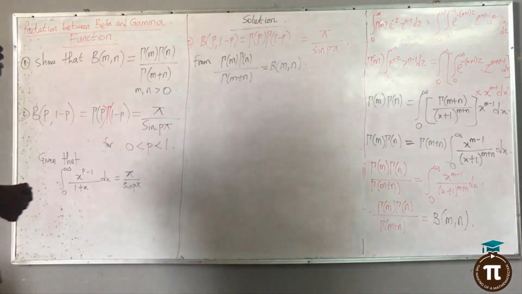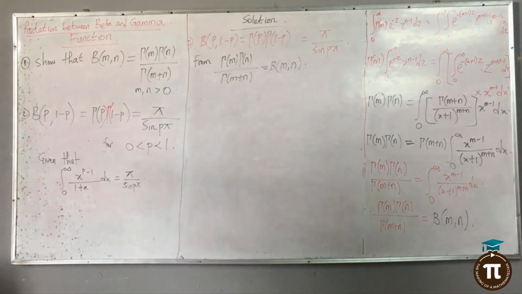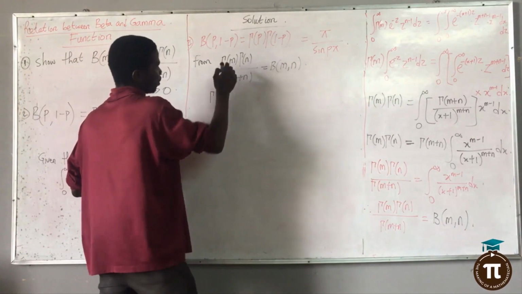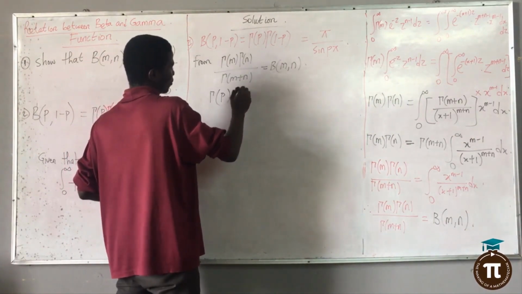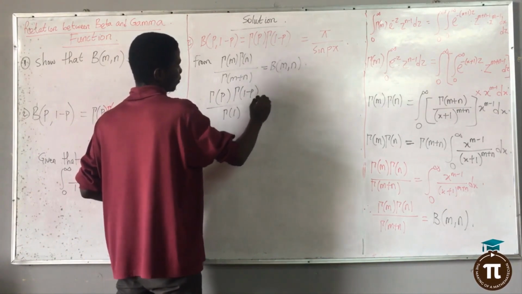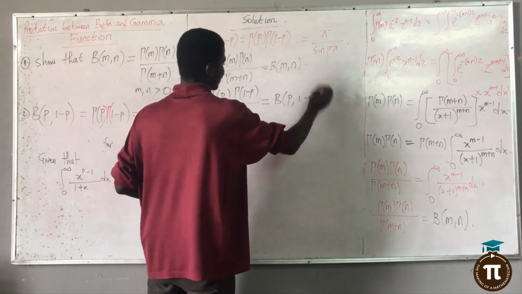So just let m be p and n be 1 minus p. So this will become gamma of p, gamma of 1 minus p over gamma of 1 is equal to beta of p, 1 minus p.